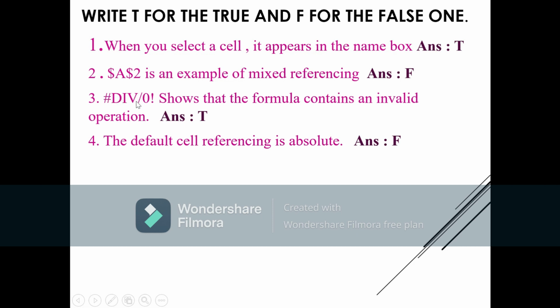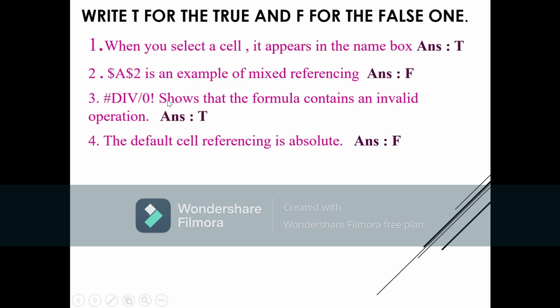Third, hash div slash zero exclamation shows that the formula contains an invalid operation. Yes, already I have explained the errors of this Excel sheet. Just learn all the types of errors and you can give the answers for this true or false.